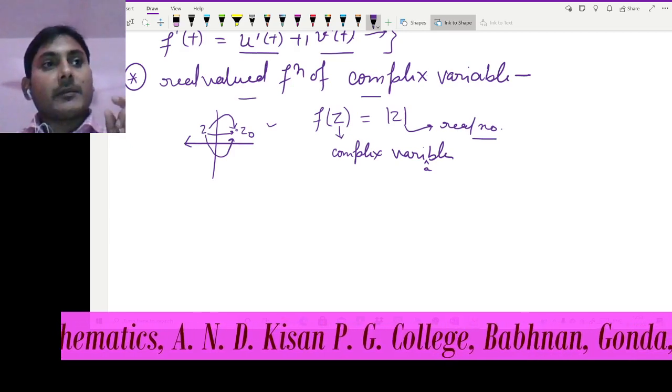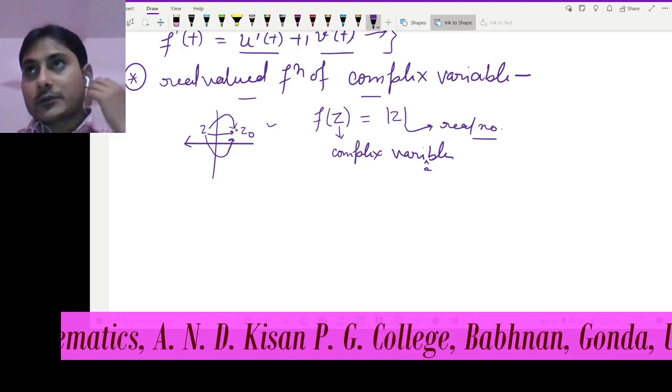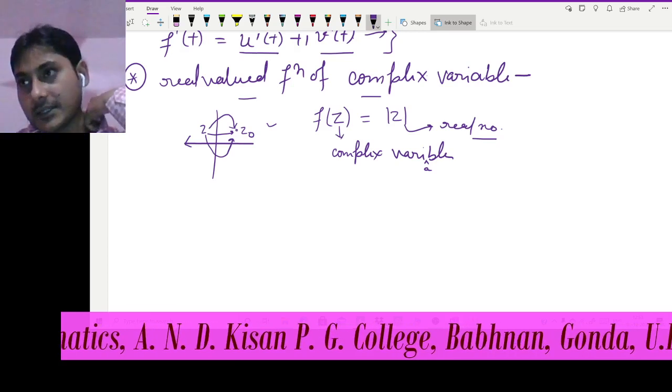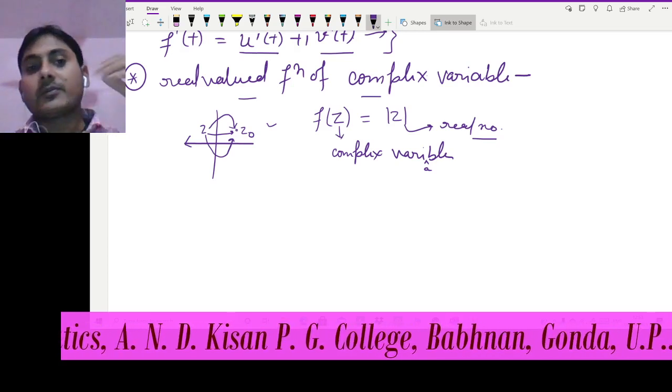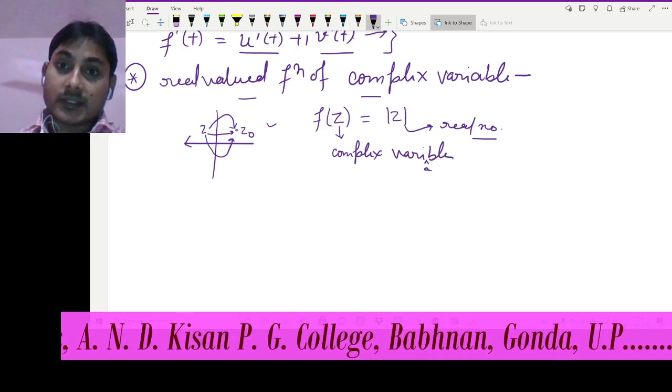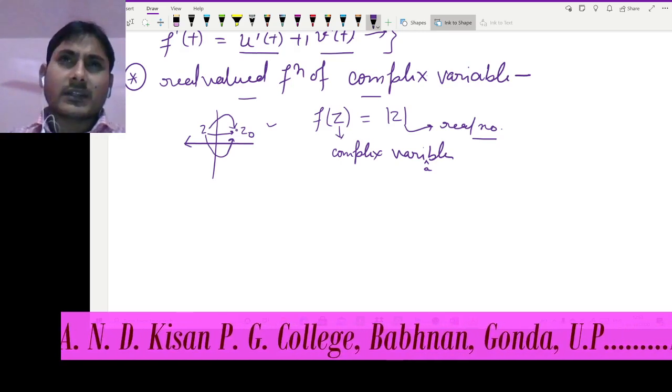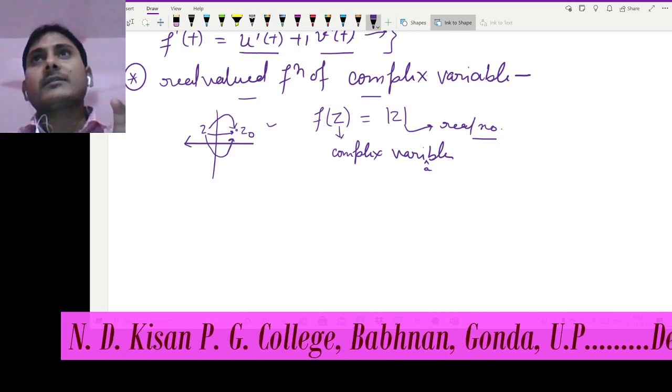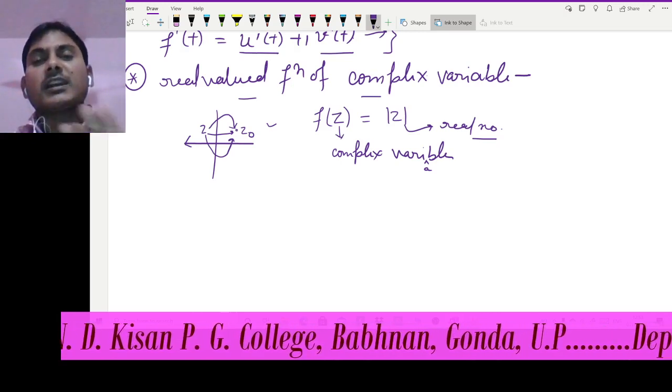There is an important thing related to the differentiability of this kind of function, and I'm going to explain that, and after understanding it, we will leave this kind of function.